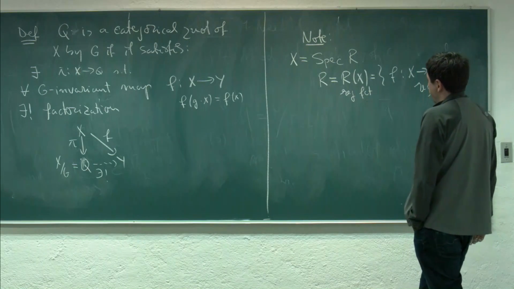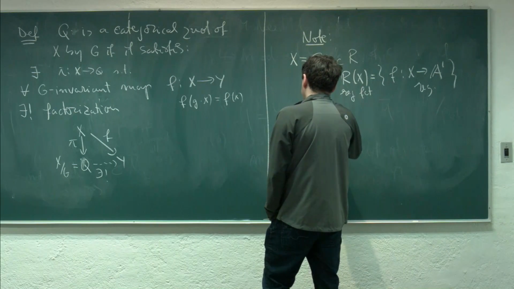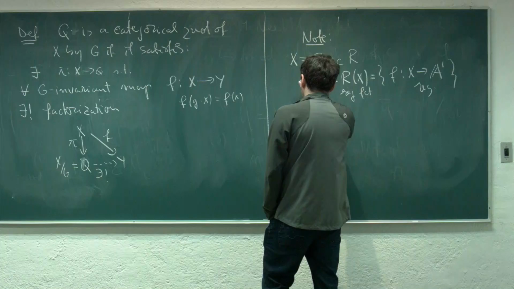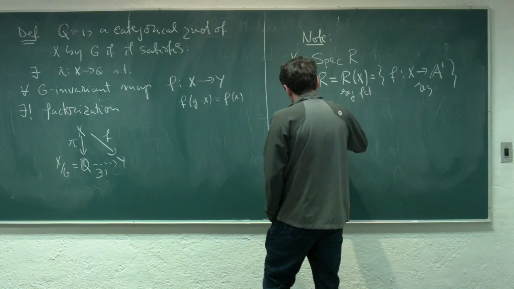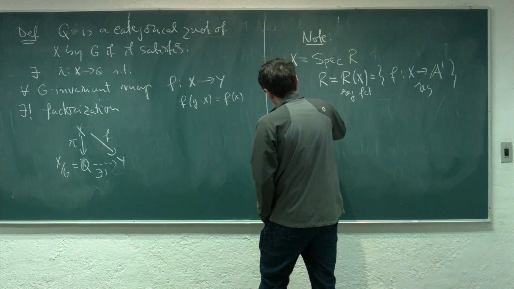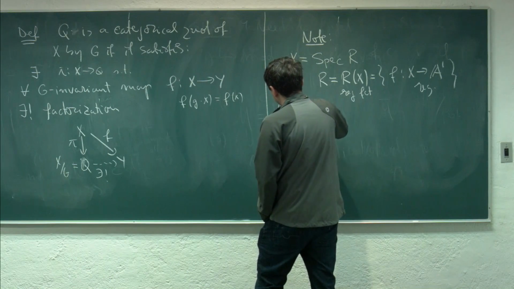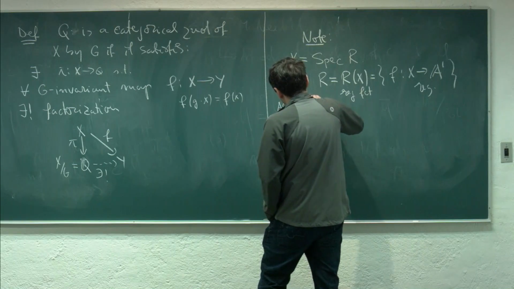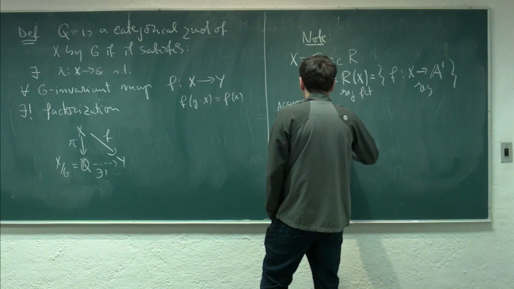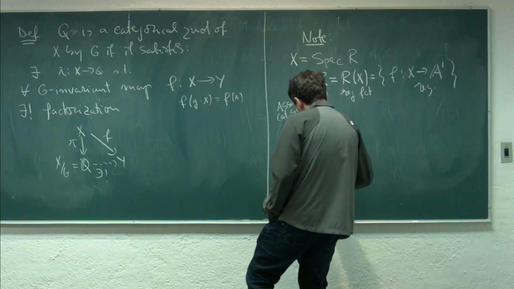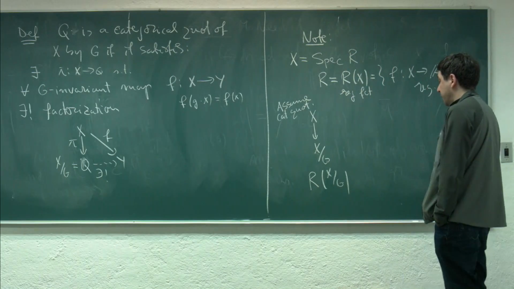So what will happen in this type of situation? Let's see what's going on. Assume that I have a categorical quotient, and I want to understand the regular functions on this categorical quotient.